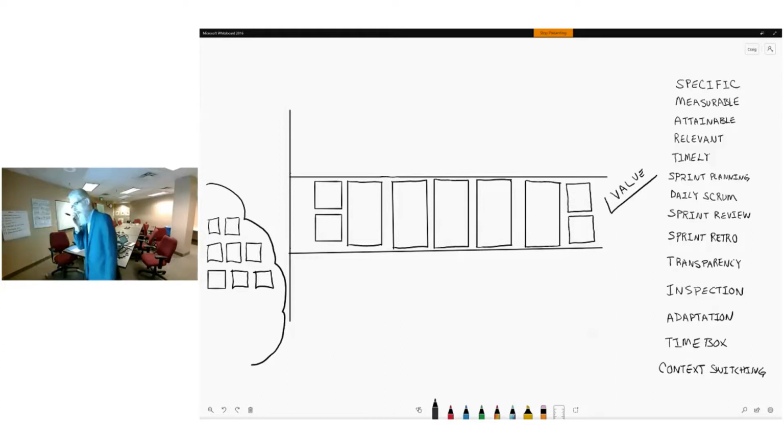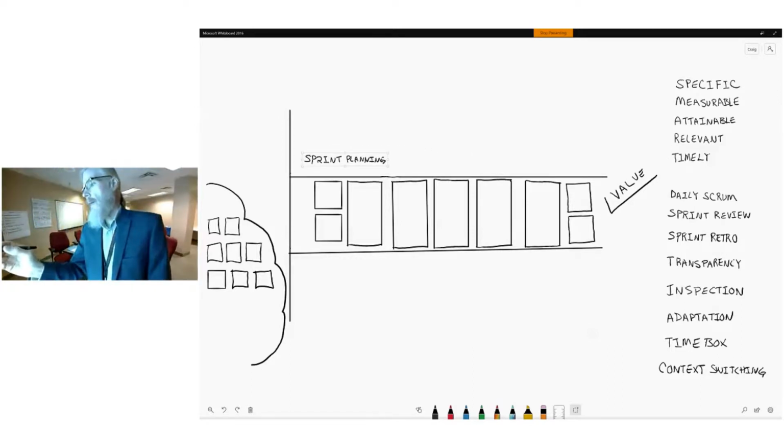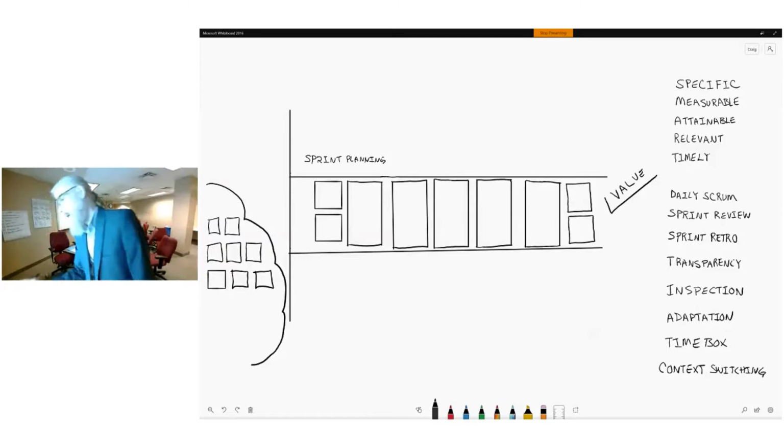And on the front side, we start with the sprint planning meeting. So we'll move the sprint planning over here, and this is the sprint planning meeting right here.